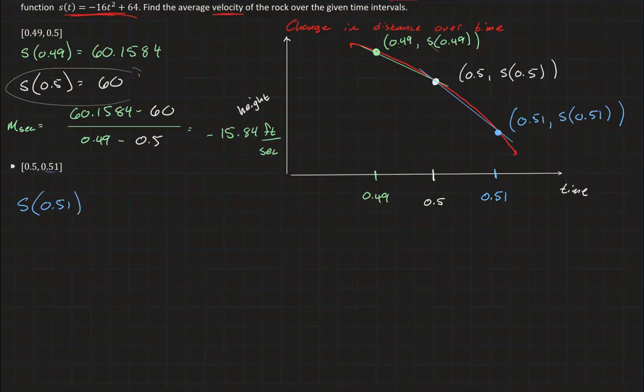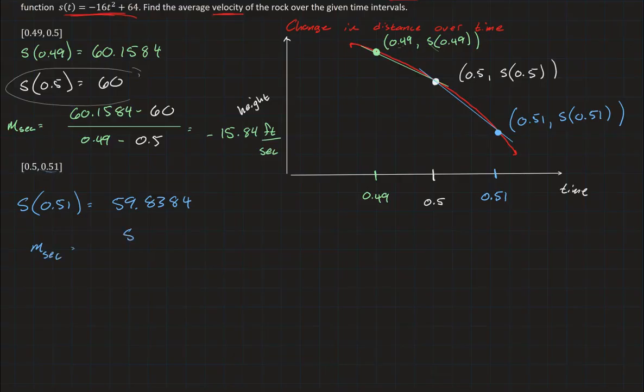I'm not going to bother doing it for 0.5 because I already did it right here. I know that it's 60, so if I evaluate my function at 0.51, I'm going to get that value is 59.8384. So a little over half a second after we drop the rock, it's going to have a height of 59.8384 feet.